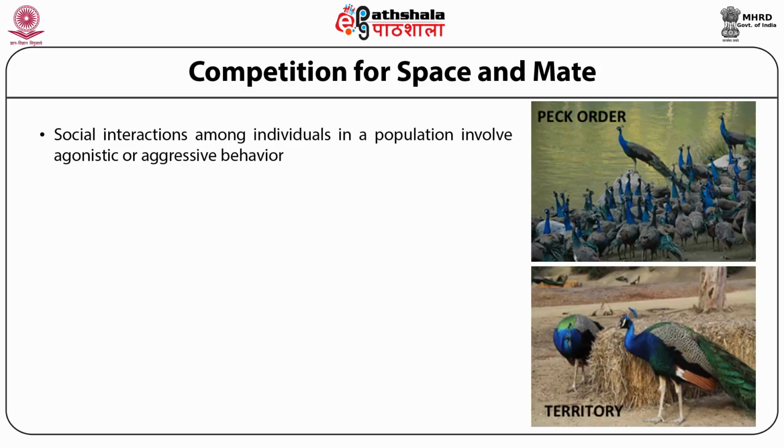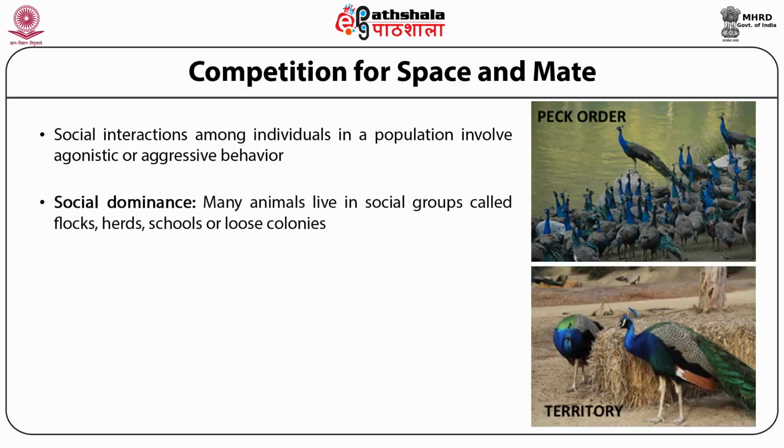Social interactions among the individuals of a population may involve agonistic or aggressive behavior. It may lead to hierarchy development in the individuals, dominance or territorial behavior, which can lead to the formation of social groups. They are like flocks, herds, schools, or loose colonies.